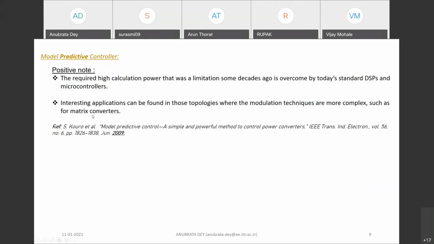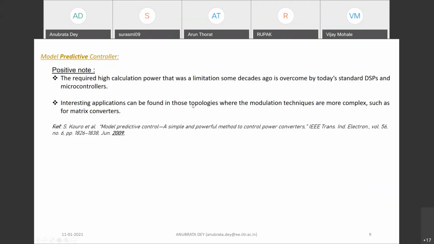Interesting applications can be found in those topologies where modulation techniques are complex, such as matrix converters, higher level multi-level converters, and modern modular multi-level converters. They have many objectives to fulfill. Not only the output voltage, you have to maintain the input current quality and the voltage balancing of the capacitors in the circuits.